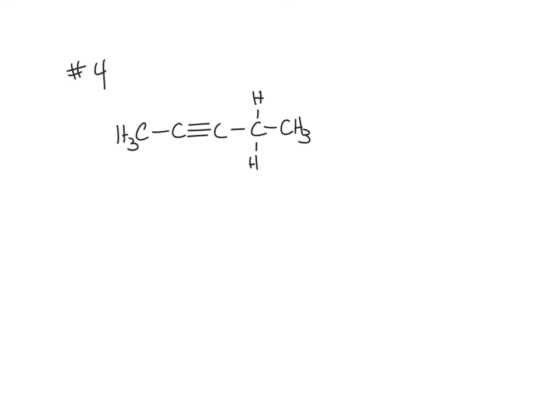Okay, so that's 2-pentyne. You add HBr. Draw the two possible cations that can form after the addition of H plus in the first step.